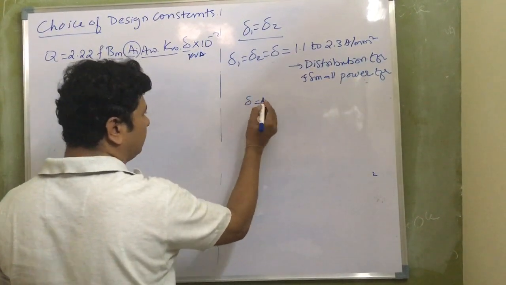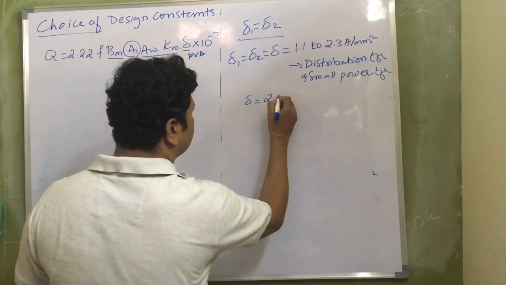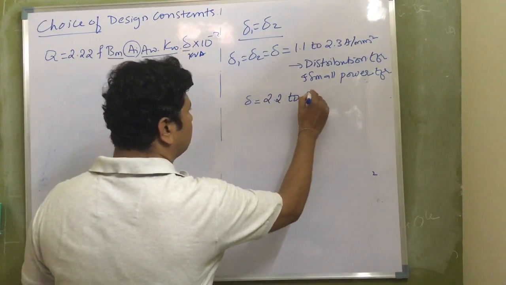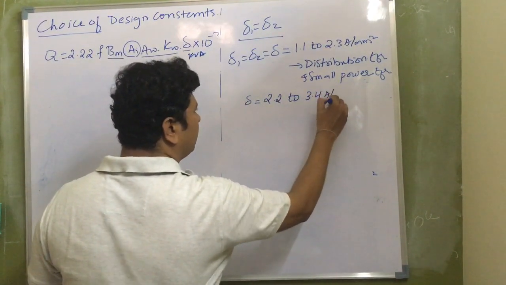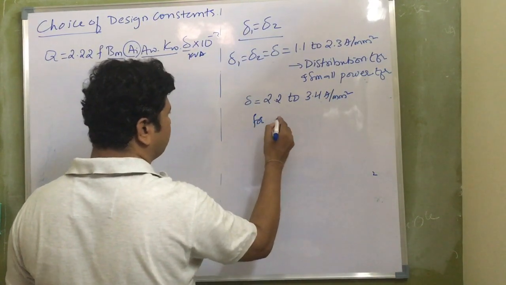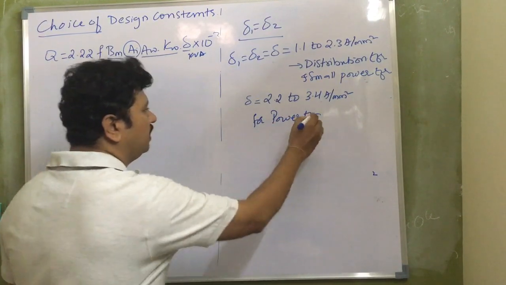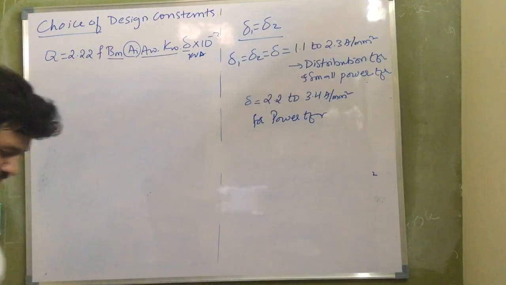And delta is equal to 2.2 to 3.4 ampere per mm square for power transformers, medium and large power transformers.